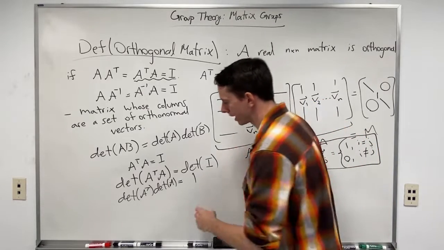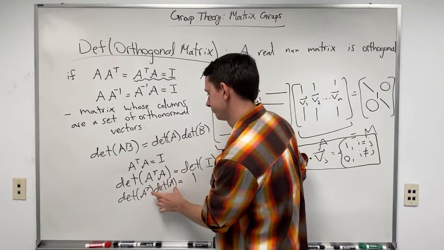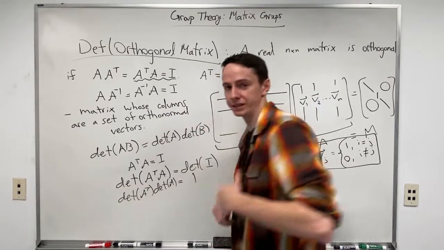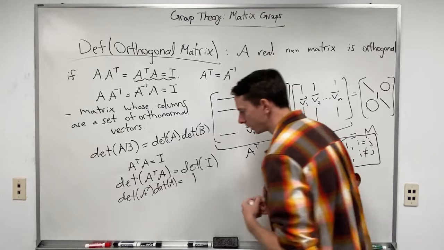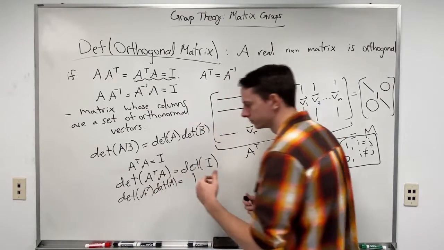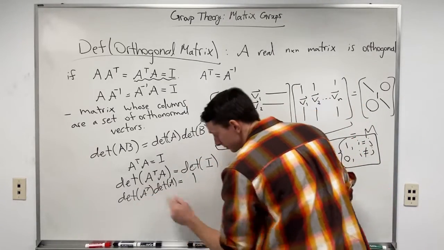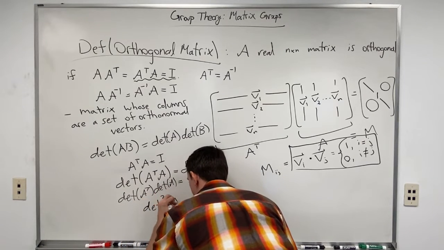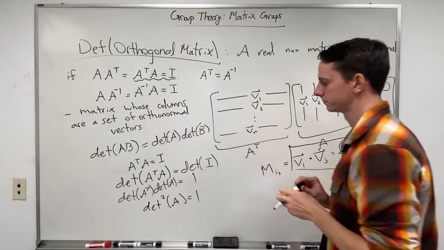So rather than writing out the determinant of A and the determinant of A transpose, since I know these values need to be equal to each other, I'm just going to write the determinant of A squared, because this is the same as this. So now I have that the determinant squared of A gives me 1.